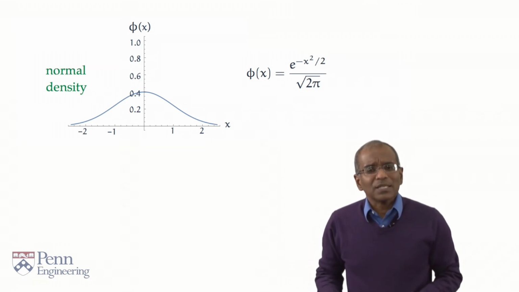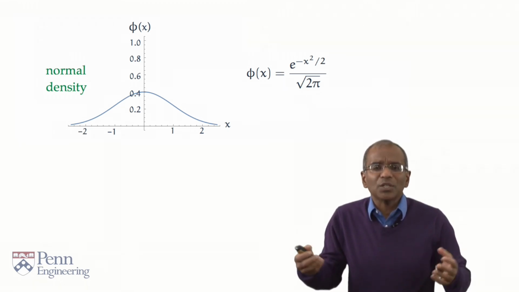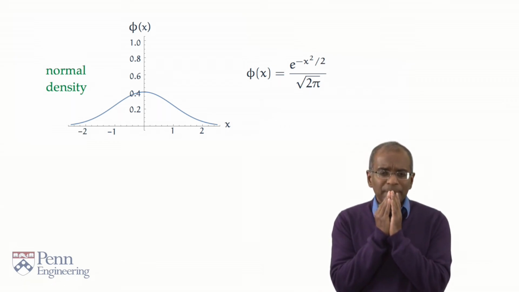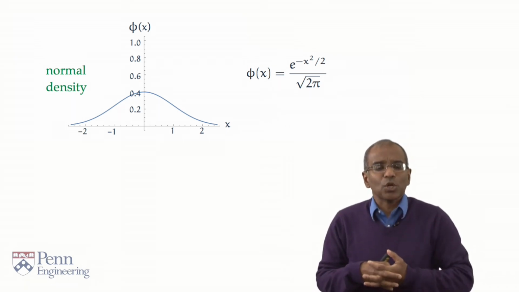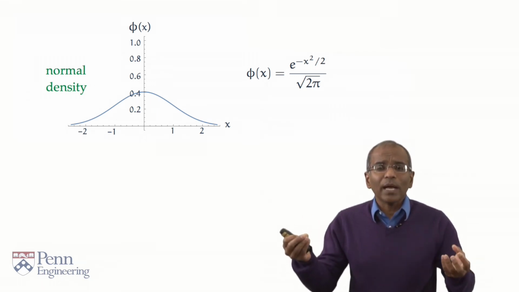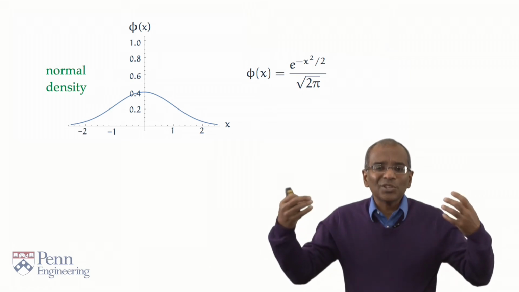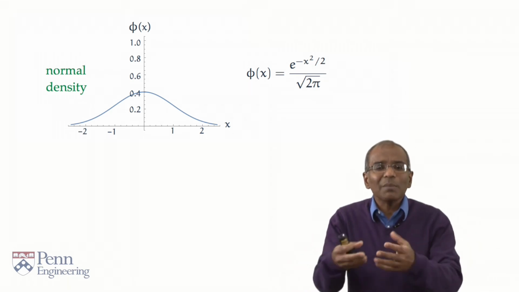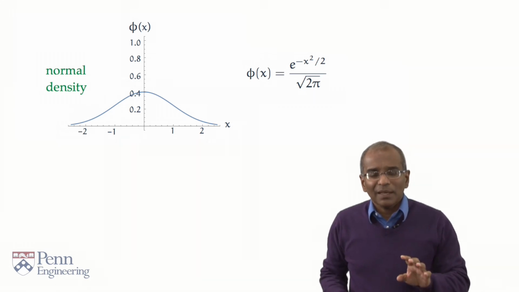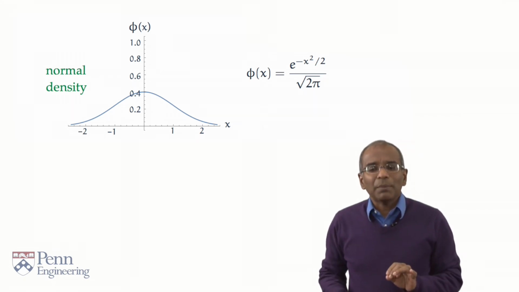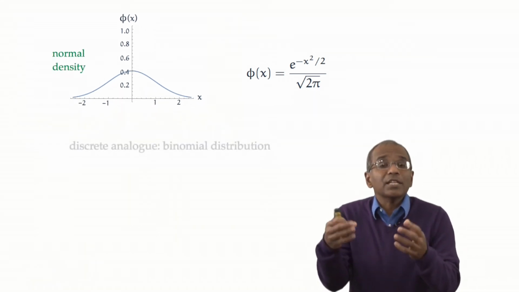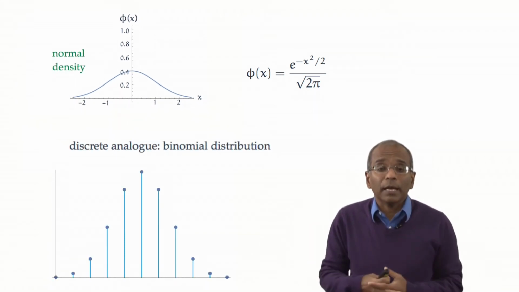Where does this arise? Where is the discrete analog? And this is harder to say. The student might want to pause for a minute and say, among the examples we saw in Tableau 6 Part 1, is there anything where the function in the discrete domain looked something like this bell curve? If you came up with the binomial distribution, then indeed we found a discrete analog of the bell curve.